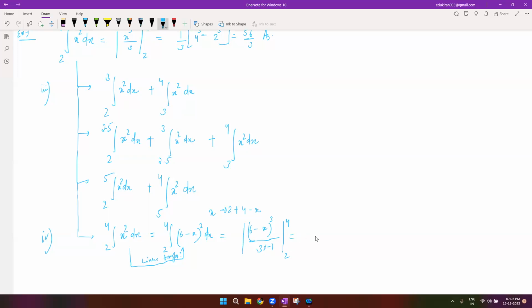I can take 1 upon minus 3 outside. At 4, 6 minus 4 is 2 cube. Put x equals 2, this becomes 4 cube. 2 cube minus 4 cube is minus 56, and you can see that the answer is the same.